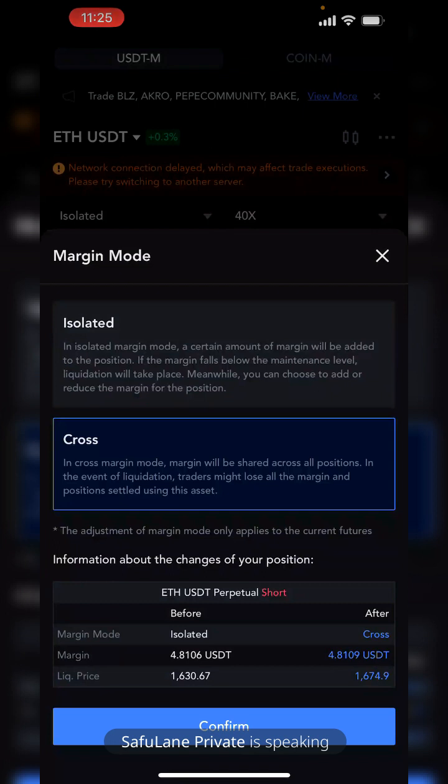Both of them have to do with how you want to manage your risk on futures trading. But for someone who does not have enough funds, like me right now doing this example, it's not advisable to use cross margin.